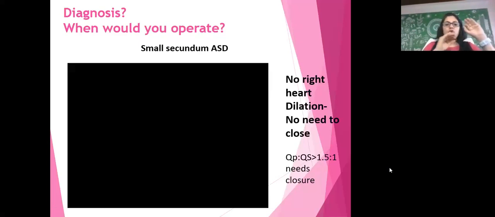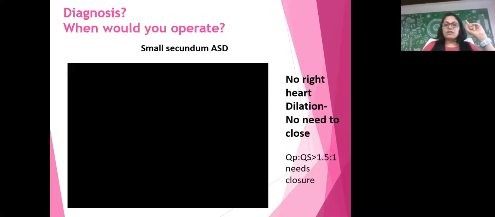So when you have a small secundum ASD, no right heart dilation, no need to close. When you are sent an echo report from a cardiology place, and they write 5 mm ASD, RA normal, RV normal, but device closure, please get a second opinion.